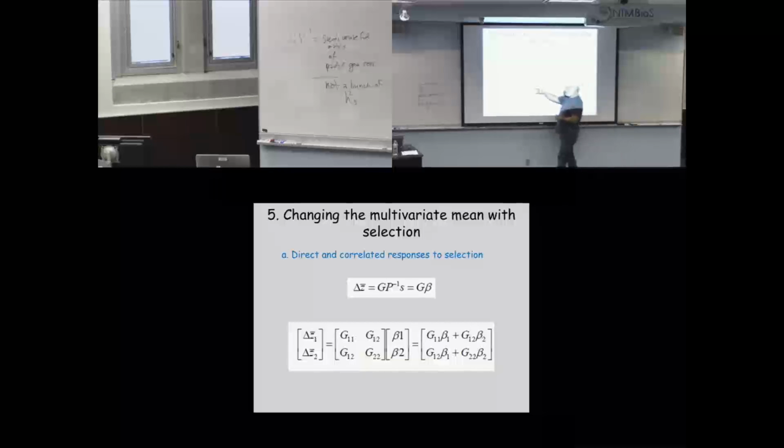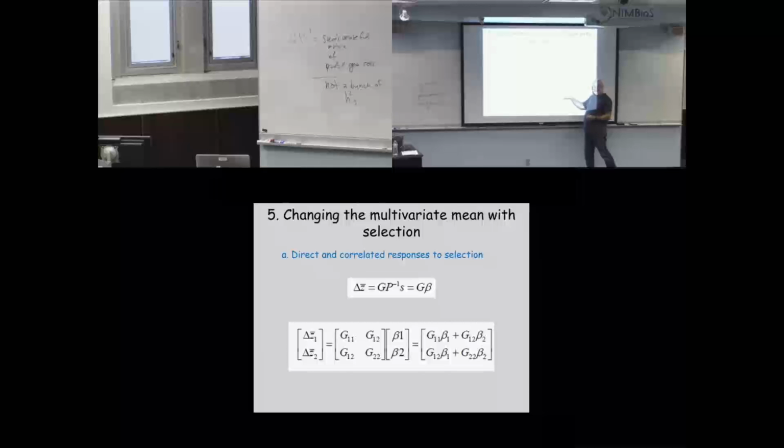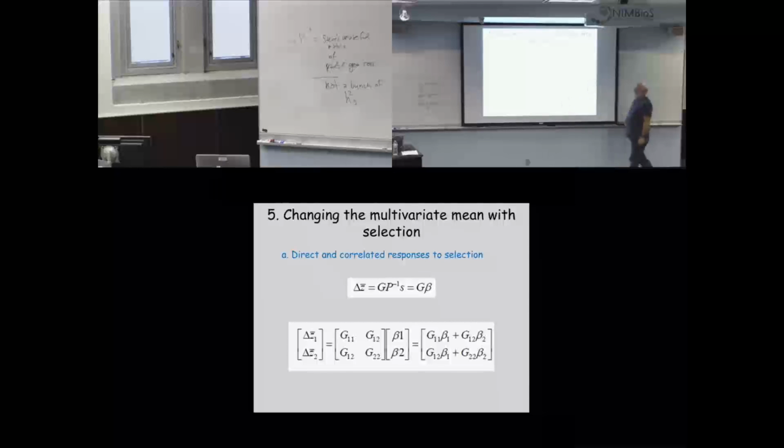Likewise, when we look at the response to selection in trait 2, it's a function of two terms: direct selection on trait 2 acting through its genetic variance, and a correlated response to selection arising from direct selection on 1 acting through the genetic covariance. Okay.